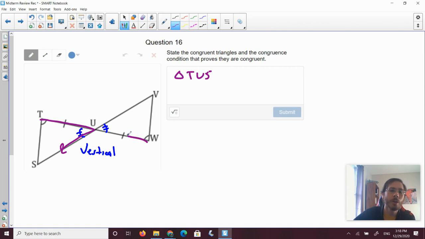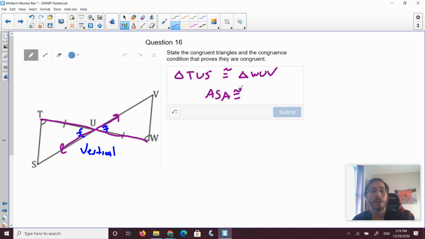And we can start at the 1 and go past the 2 to get WUV. And that's one of our options. To do this one, we did ASA because the side's between them. So we had ASA congruence.